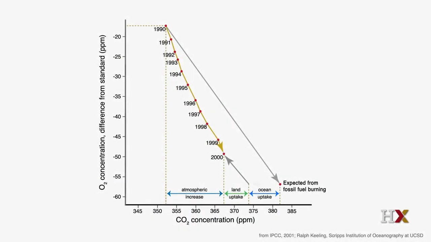On the other hand, ocean uptake of carbon dioxide doesn't really affect atmospheric oxygen. They have very different chemical solubilities, and so the uptake of carbon dioxide really is mostly independent of atmospheric oxygen. And so we would expect a horizontal line on this graph where it would only affect carbon dioxide but not oxygen.